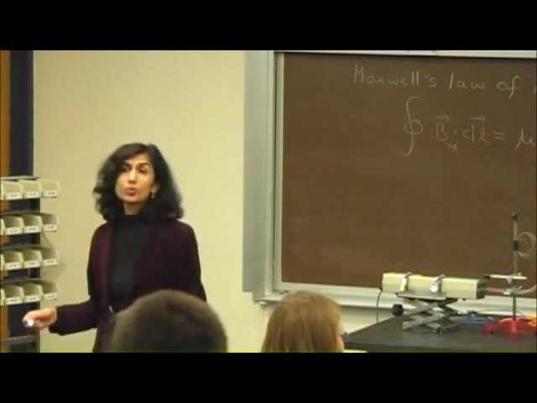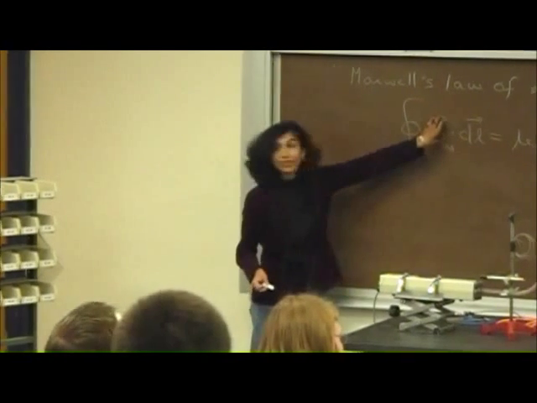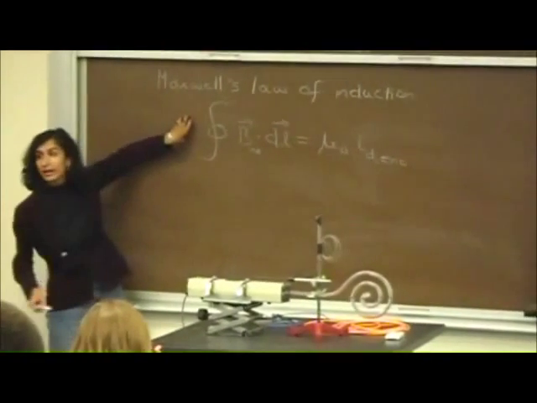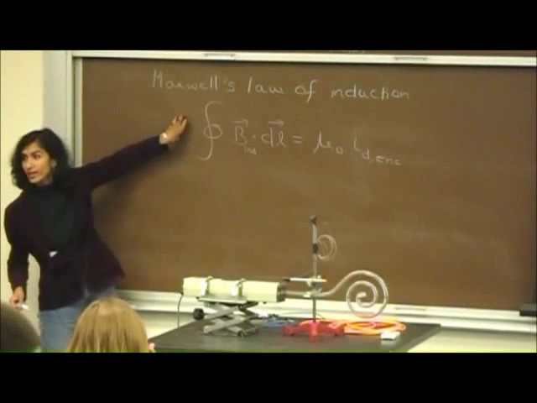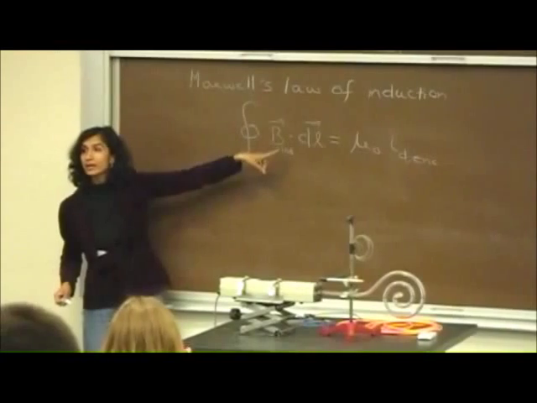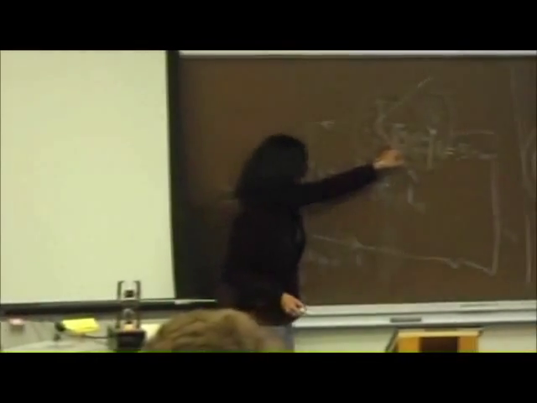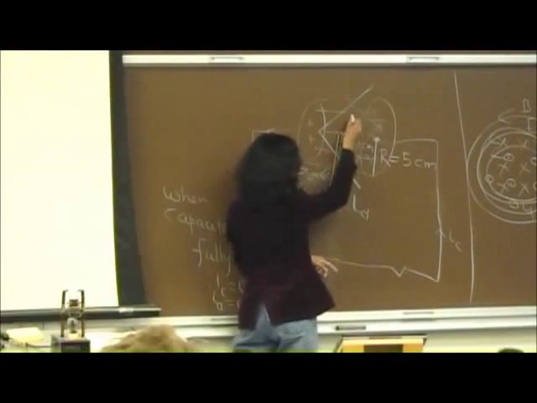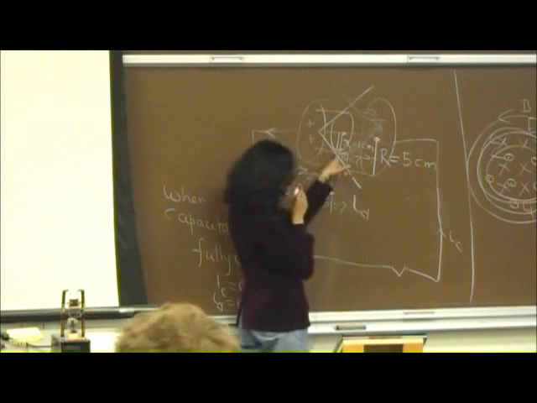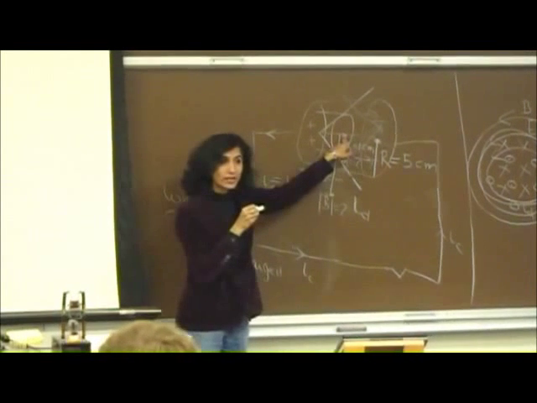Remember, we have to choose a loop in such a way that the magnetic field magnitude is constant everywhere on that loop, so that we can pull this B out of the integral and don't have to do any complicated integrals. So shouldn't we choose a loop which is a circle with radius R1 with the center at the center of the capacitor plate?